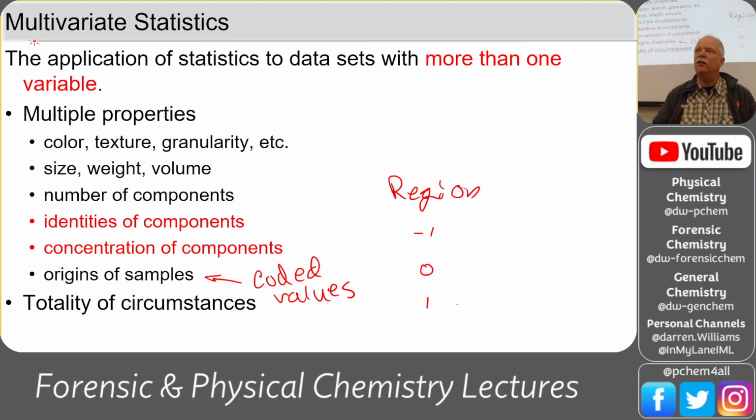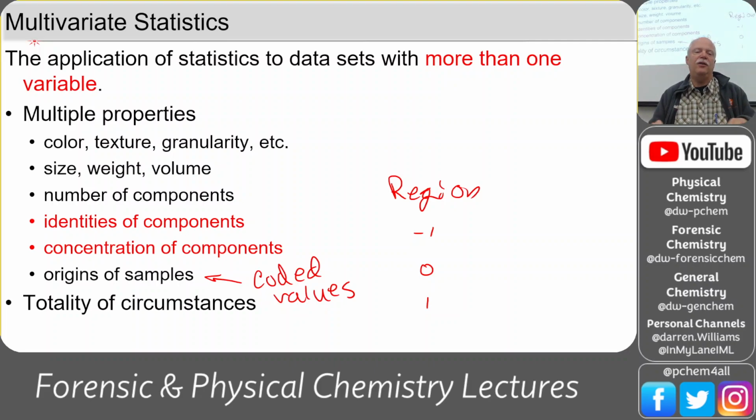But you could do that with color too, color 1, color 2, color 3, and you could then calculate the dependency, the slope on color, if there's a dependency or not. What's the p-value related to color difference? You could actually use those statistical tools. So that's what we mean by coded values. Now, we don't want to prejudice the numerical values because the regional value or the color may be one of the more discriminating factors.